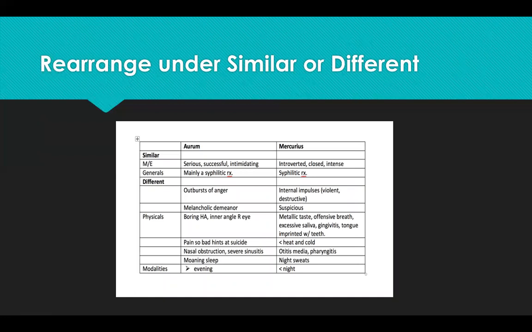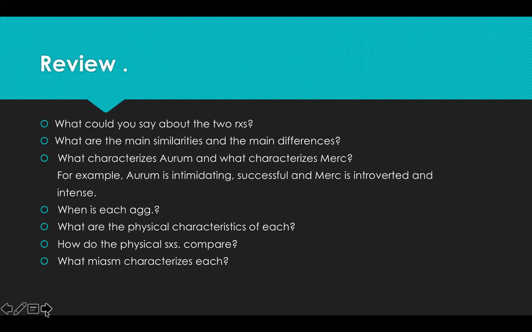So you want to then think about what are the big ideas that compare these two remedies, and what differences would I look for? Because those differences are going to be very important when you're doing cases. Because the similarities will say, oh yeah, I need to look at Aurum and Mercurius, but the differences are what are going to help you figure out what is the best remedy for a case that you're working on.